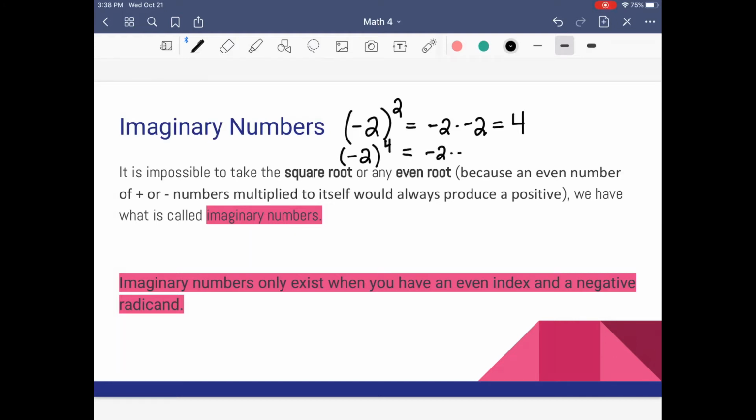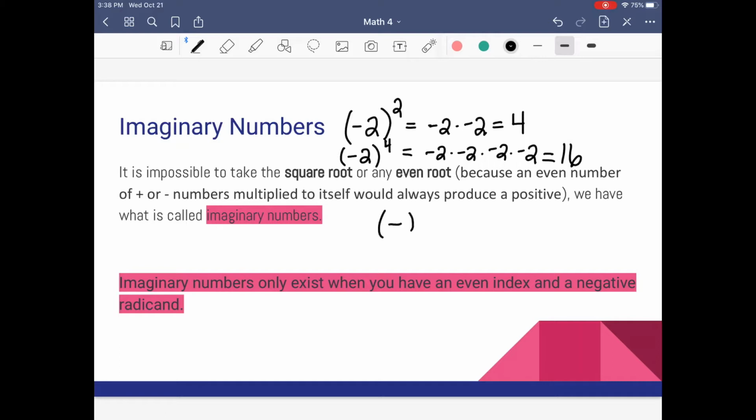That would be -2 times -2 times -2 times -2. -2 times -2 gives me +4. +4 times -2 is -8, and then -8 times -2 is +16. My point is, no matter what even exponent we raise our negative number to, it will always turn into a positive number.